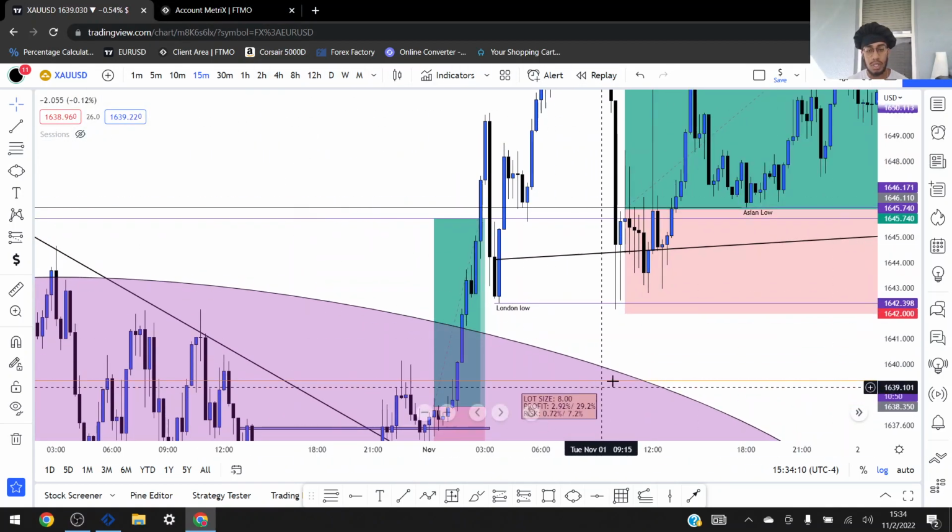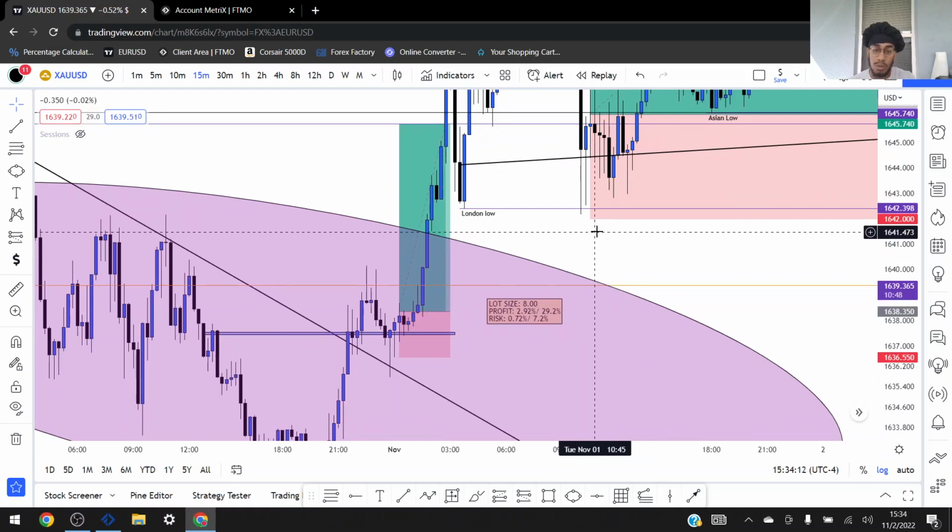Now, if you look at the risk, I'm gonna explain something to you guys. These accounts, for example this 200K account, is really a $20,000 account because the max I can lose is 20,000. So if you're doing risk in that sense, I'm risking 7.2% of the account to make 29.2%.